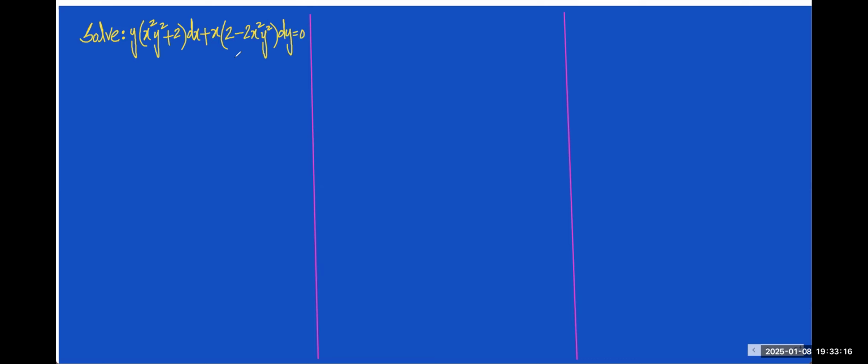It is in mdx plus ndy form, and now you check it, y is there outside, x is there outside already. Before that, if this type of question comes in your exam, we must check our condition, that is the mdx plus ndy condition. If it is equal, then immediately we stop writing the solution and no need to worry about it. If it is not equal, then only we can worry about the problem.